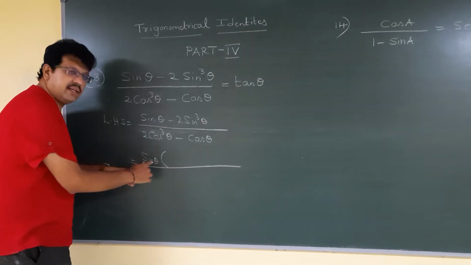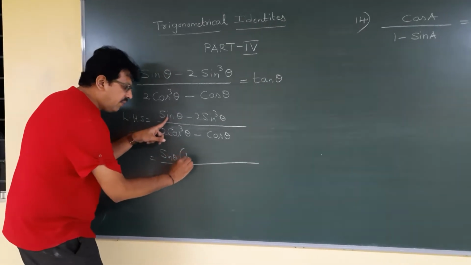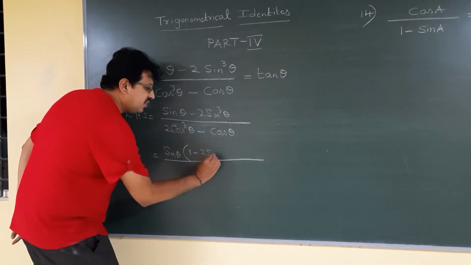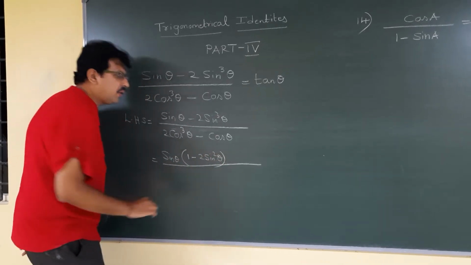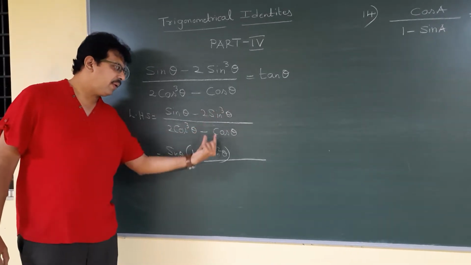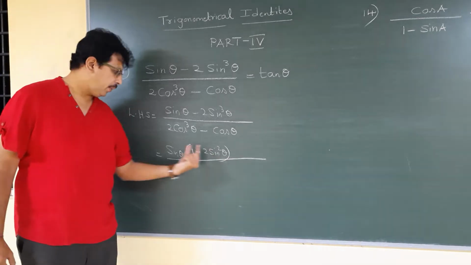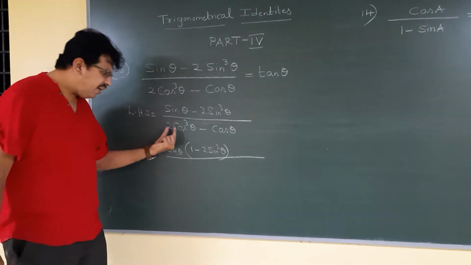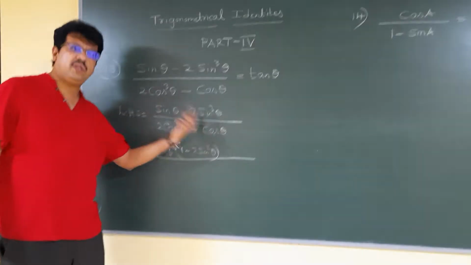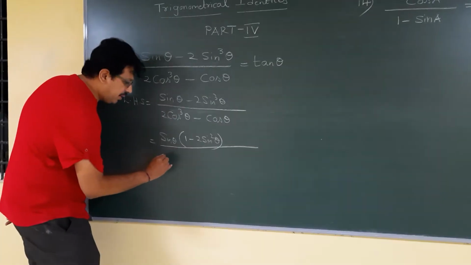So if I take sin theta as common, here it will be left as 1 minus 2 sin square theta, because already 1 sin theta has come outside, so sin cube theta becomes sin square theta. Again in the denominator the same way, cos theta is there, cos cube theta is there. So here we need to take cos theta as common.